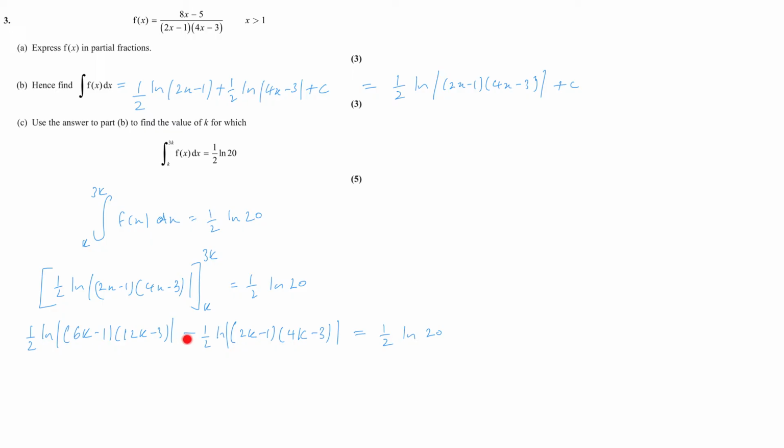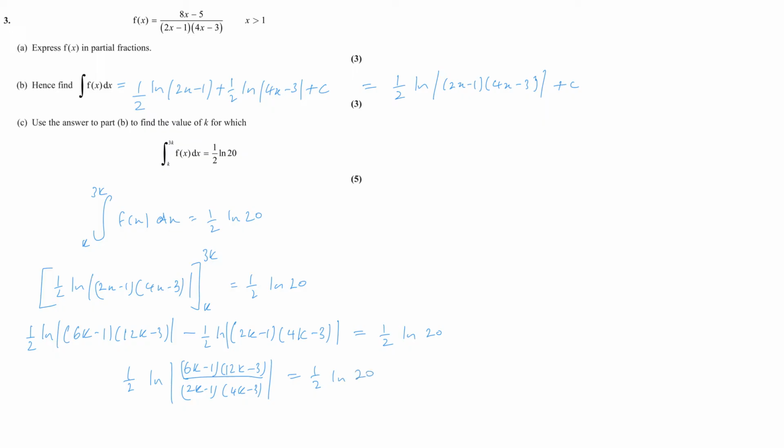Now these are taken away, so half ln, we've got 6k minus 1, 12k minus 3 over 2k minus 1, 4k minus 3, equals a half ln 20.